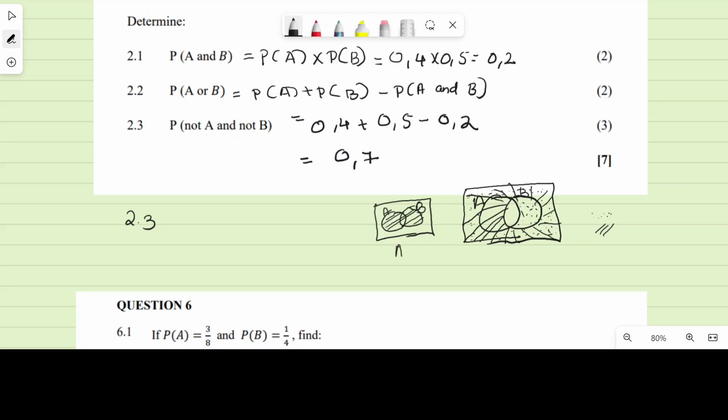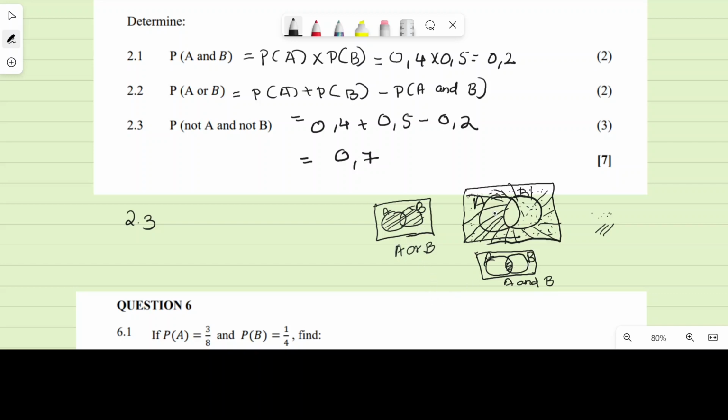A and B is only what you have in A and also in B, which is this one. This is A and B, where this is A and this is B.